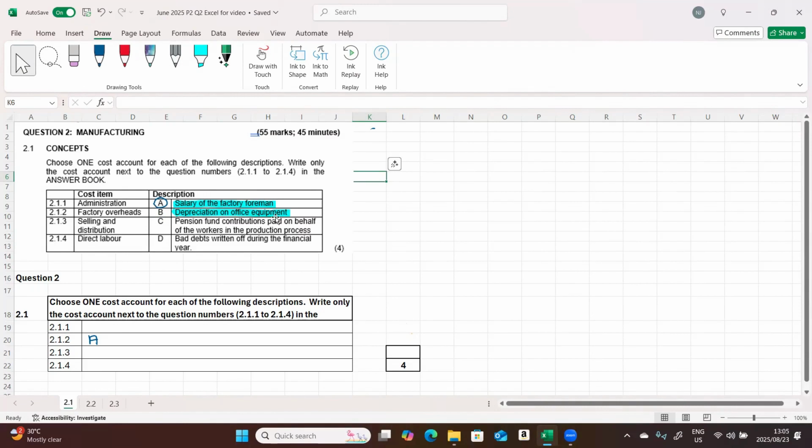Depreciation on office equipment. Office equipment has got nothing to do, guys, with my manufacturing process. The word office has nothing to do with manufacturing.